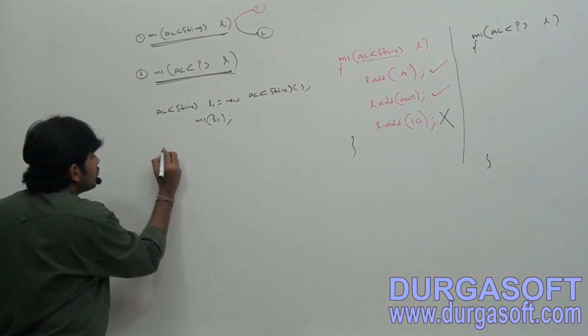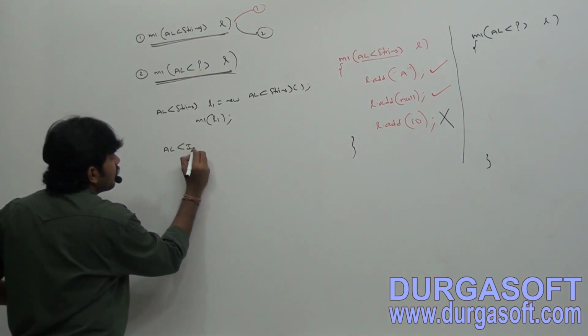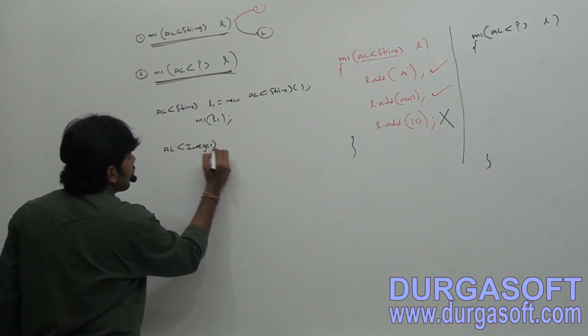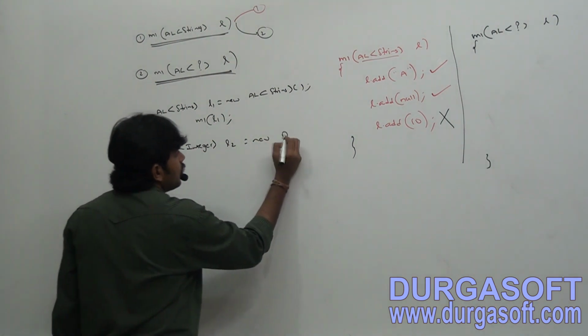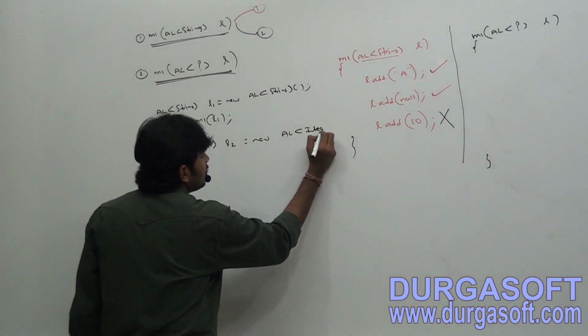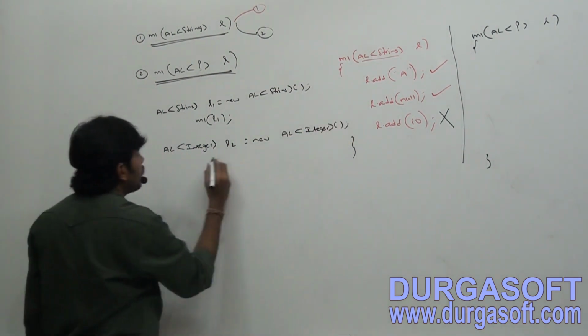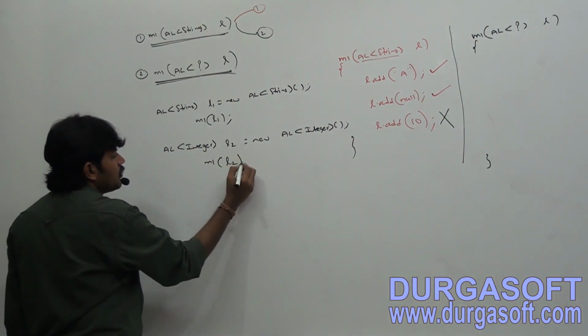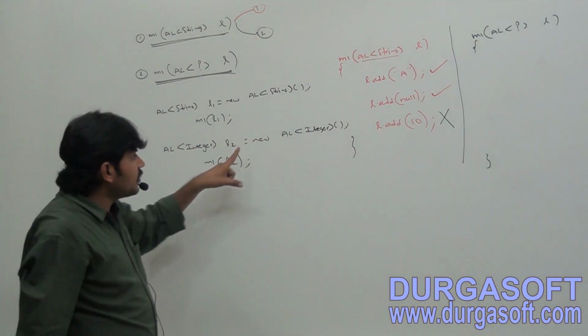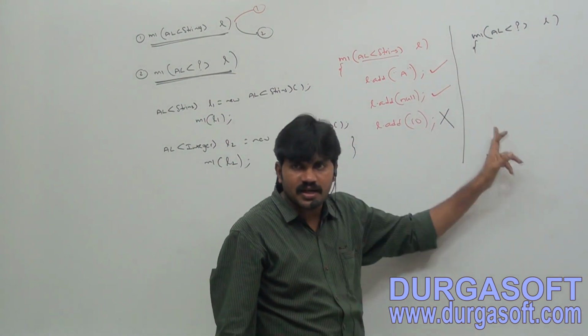Next, ArrayList<Integer> l2 = new ArrayList<Integer>, and m1 of l2. For this requirement, can this method accept it or not?